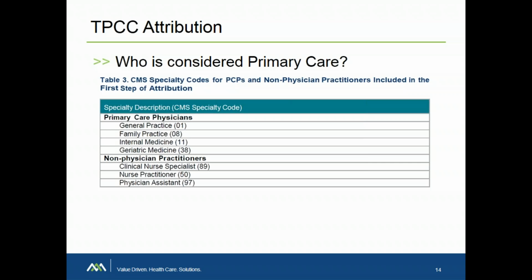So if you have, let's say, a nephrologist whose specialty in PECOS is designated as internal medicine only, or as their first specialty, then they will be considered by CMS as a primary care provider for attribution in the first step of this model. So I recommend that you make sure that the specialty listed for providers in PECOS matches their specialty or subspecialty if that's applicable for your providers.